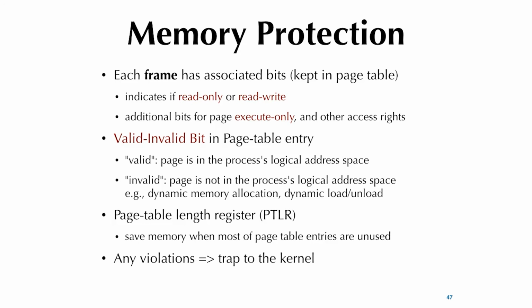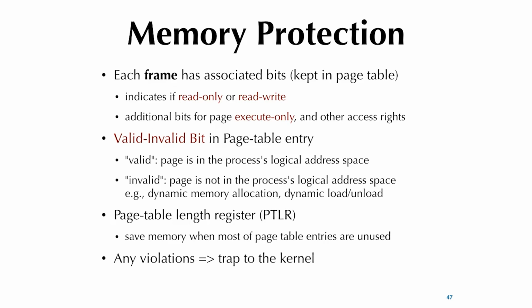Okay, so now in addition to the process ASID, you may also need to keep additional bits for memory protection. What kind of protection? It could be, say, a read-only restriction, or you want to allow read-write, or you want to allow execute-only, without reading.